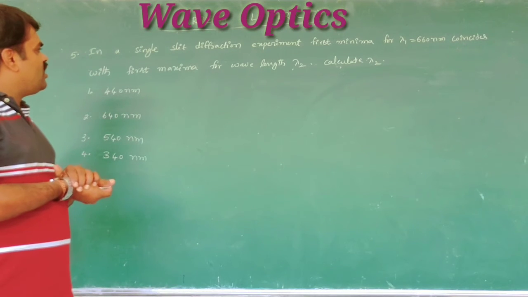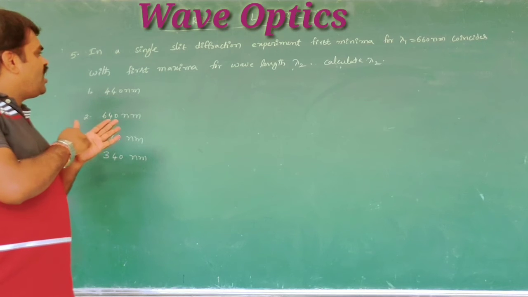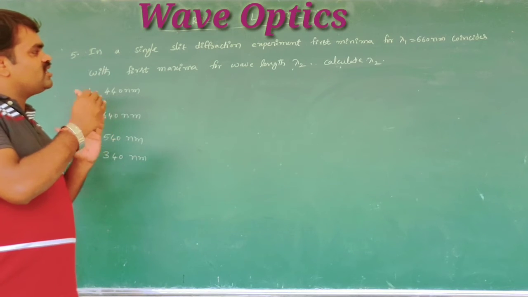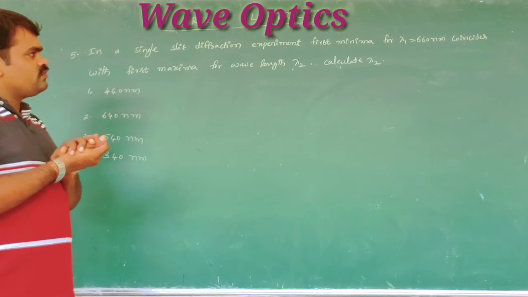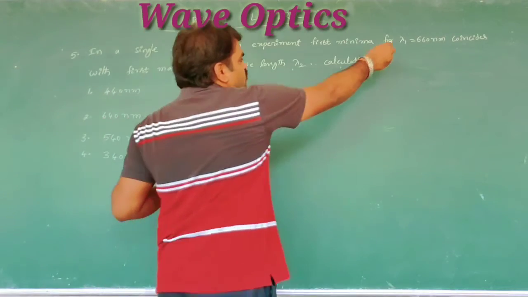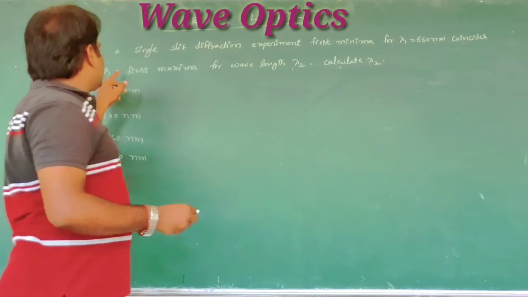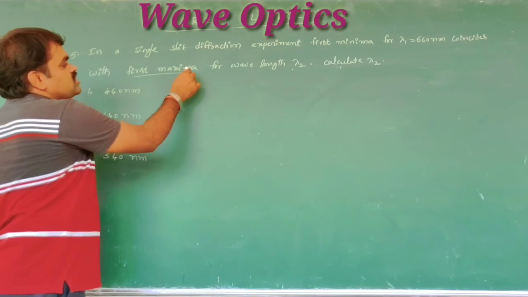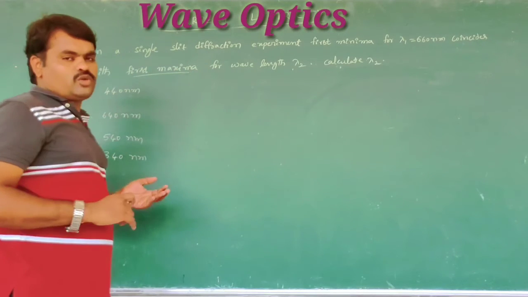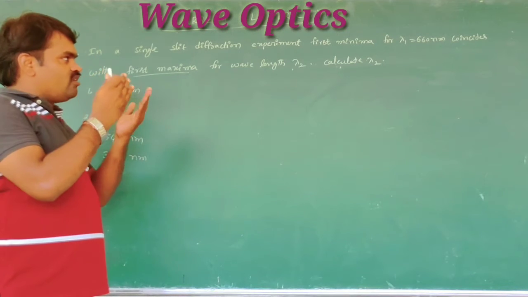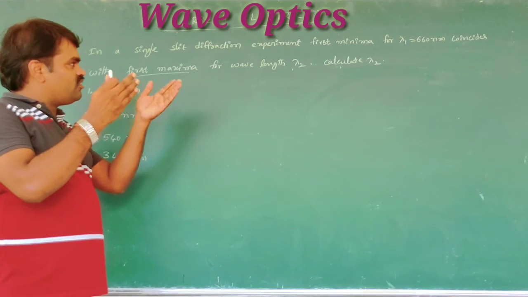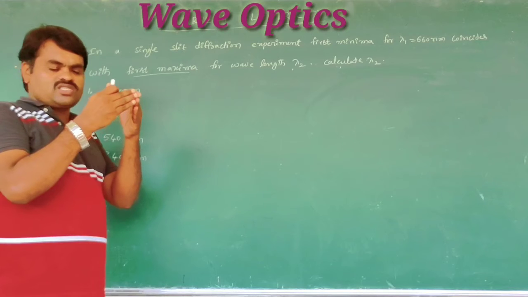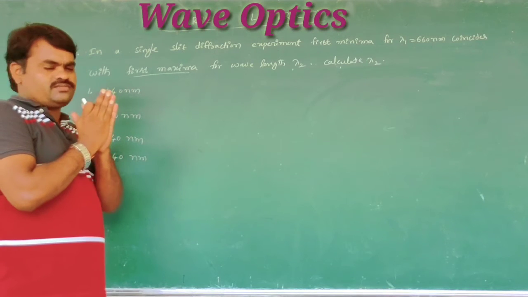The first minima of one wavelength and the first maxima of a different wavelength coincide.